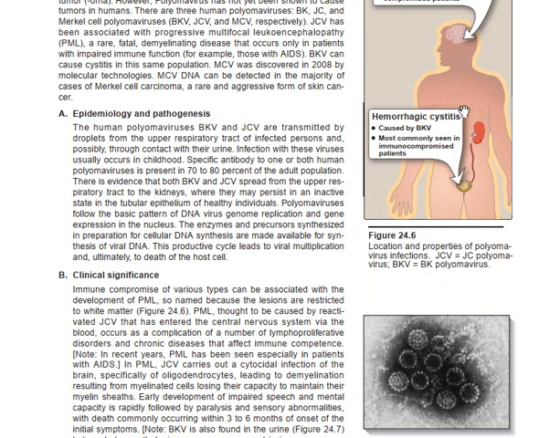Now the next is the BK virus. Hemorrhagic cystitis is a disease caused by the BK virus, and is commonly seen in immunocompromised patients also.